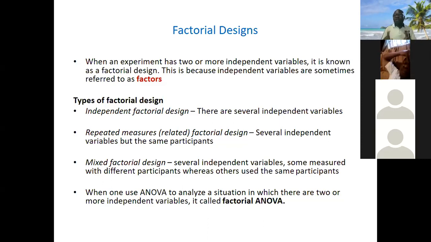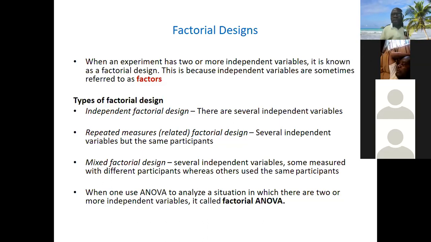When you multiply them, you have 6 groups: white with placebo, black with placebo, white with low dose, black with low dose, white with high dose, black with high dose. It's not just because it is 6 groups, but because the 6 groups are defined by 2 factors. So it's 2-way ANOVA.